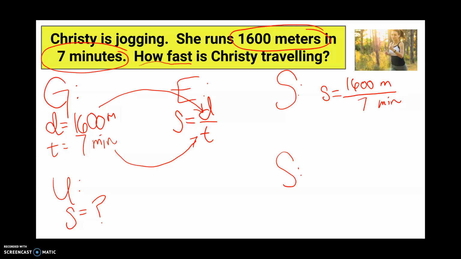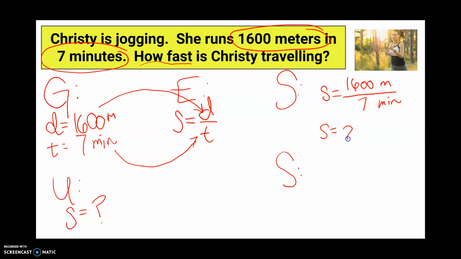In this case, I have all of my numbers on the same side of the equation, so I can plug into the calculator. 1,600 divided by 7 gives me 228.57 meters per minute. So this is the number I get.